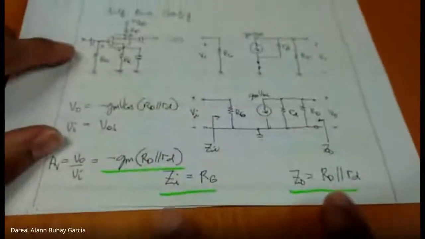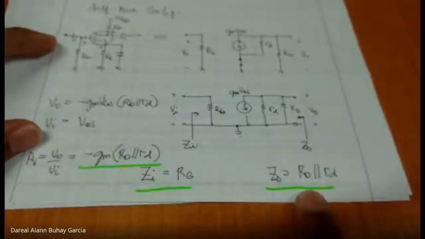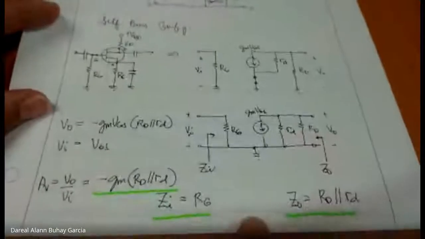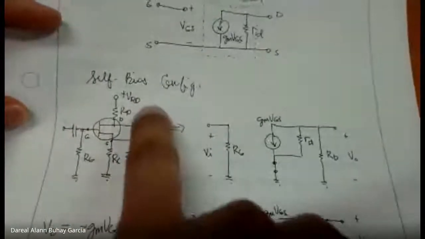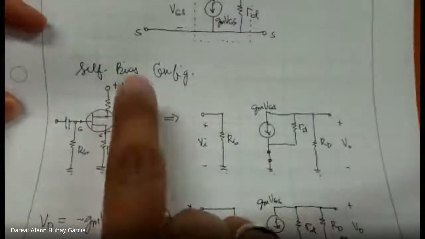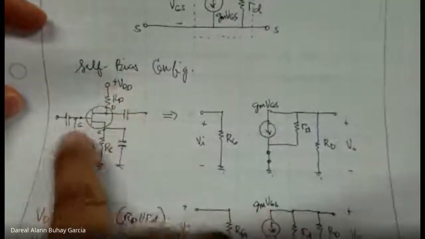So these are the formulas for input impedance, output impedance, and voltage gain, which we derived earlier. For our self-bias circuit, to perform AC analysis, we short the voltage sources and capacitors.